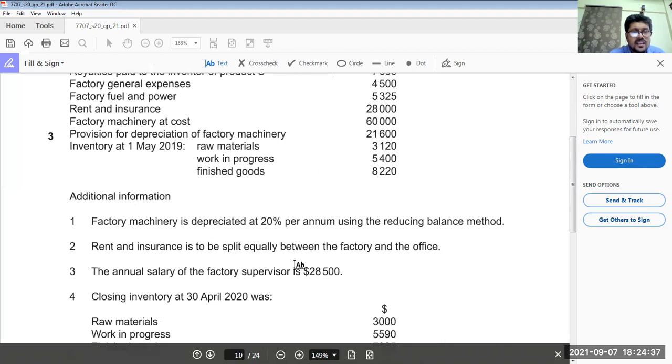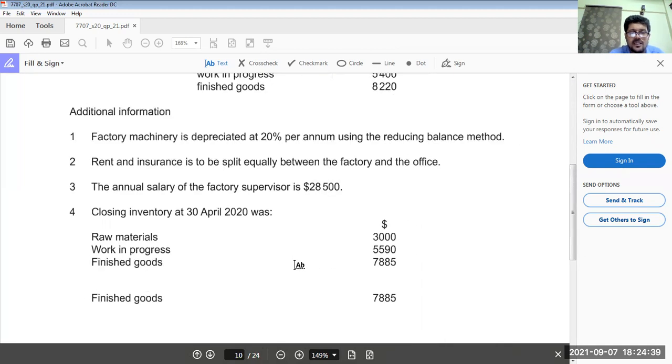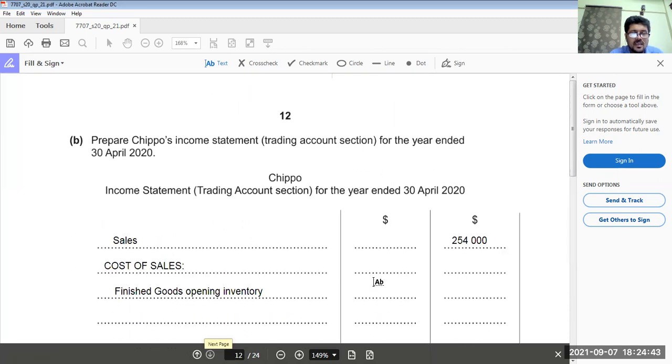Finished goods opening inventory is 8,220 and closing inventory is 7,885. So opening inventory is 8,220. Then we have to add COP, which we calculated in our previous statement of the manufacturing account, 152,375.